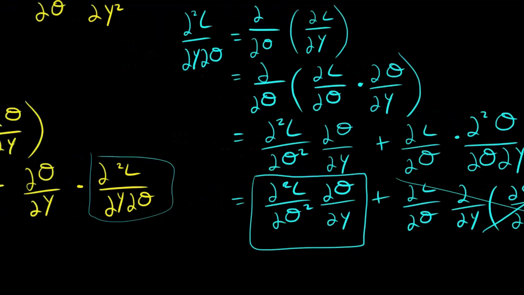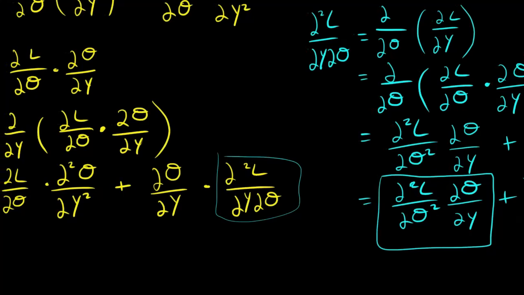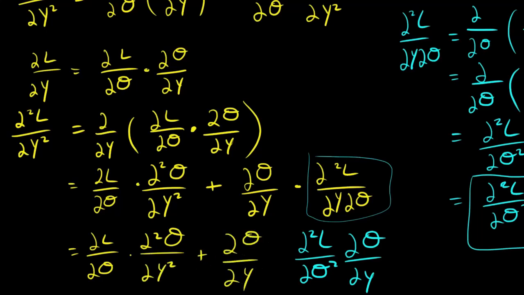So let's plug that in. I'm just going to write it right underneath of this. So dl, the second derivative of the log likelihood, d theta dy. Okay, so that's this piece here. Okay, we notice that this one and this one are the same, so they can be written as a square.